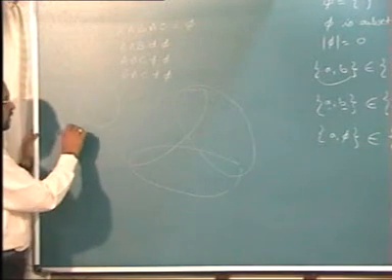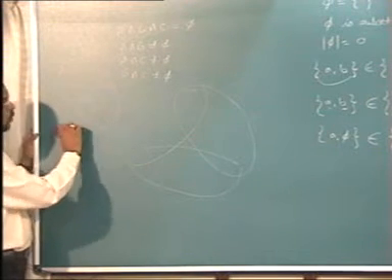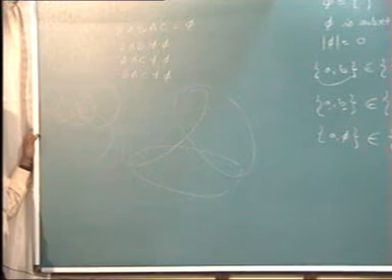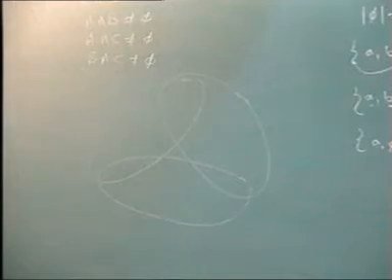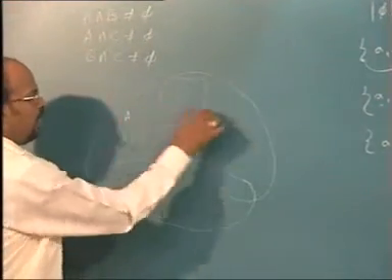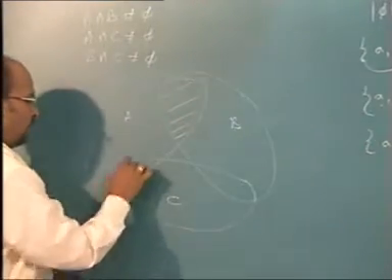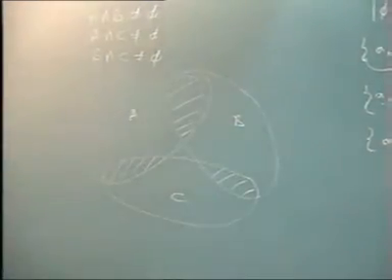You will have to draw the third circle such that it has some part in this, some part in this, but no common part. Otherwise the intersection of B and C will come out. So it is difficult to draw with circles, easier with ellipses. A, B, C. So you have A intersection B, A intersection C, B intersection C, but there is no common area.